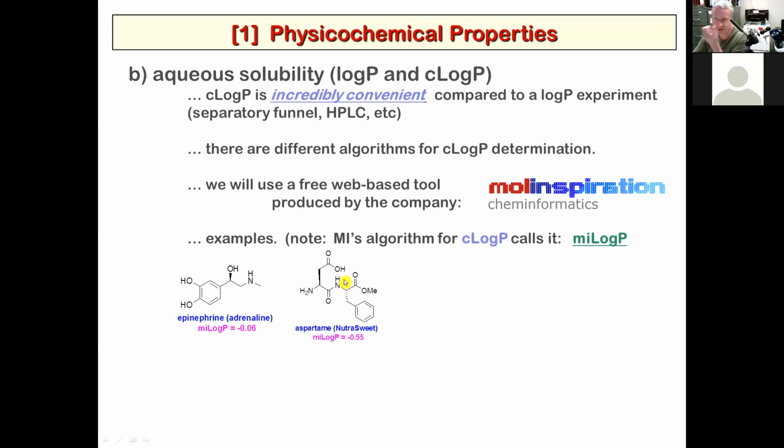It's more of an artificial sweetener. It's two amino acids: aspartic acid on the left, and then a peptide with phenylalanine methyl ester. It basically absorbs into your tongue and then gives you this sweetness sensation.